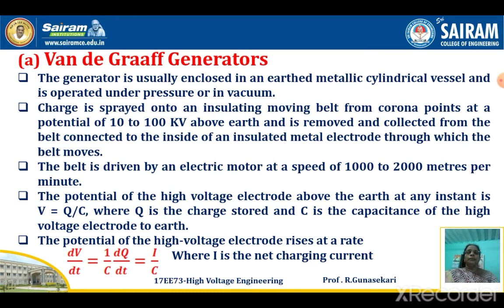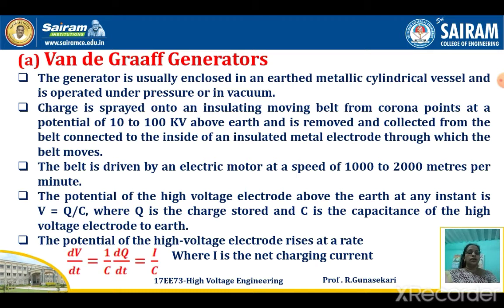The belt is driven by an electric motor at a speed of 1000 to 2000 meters per minute. The potential of the high voltage electrode above the earth at any instant is capital V equal to Q by C, where Q is the charge stored and C is the capacitance of the high voltage electrode to earth.